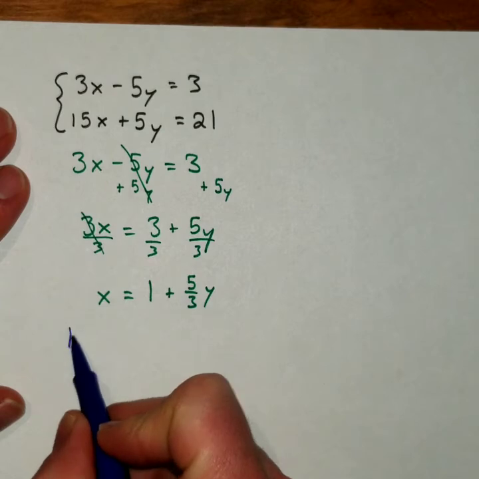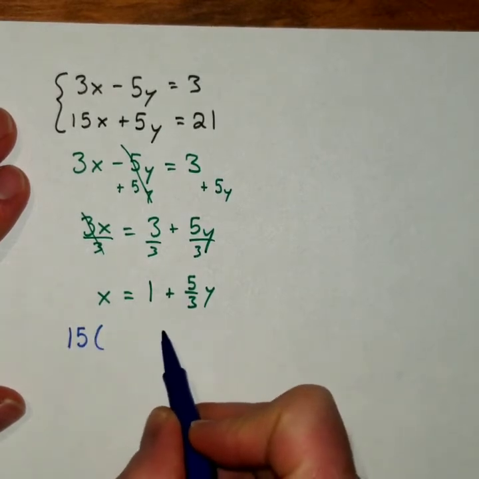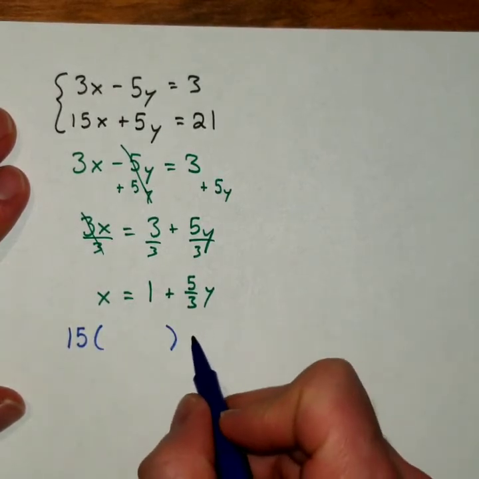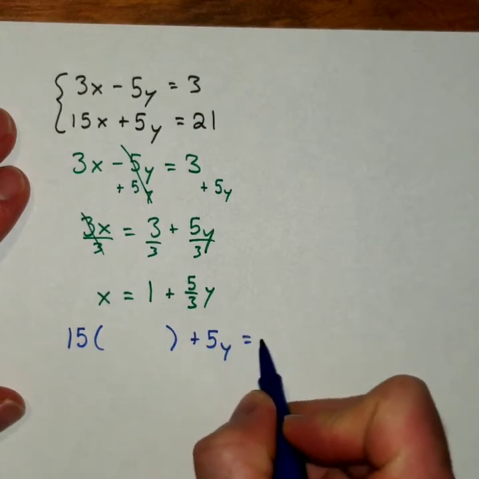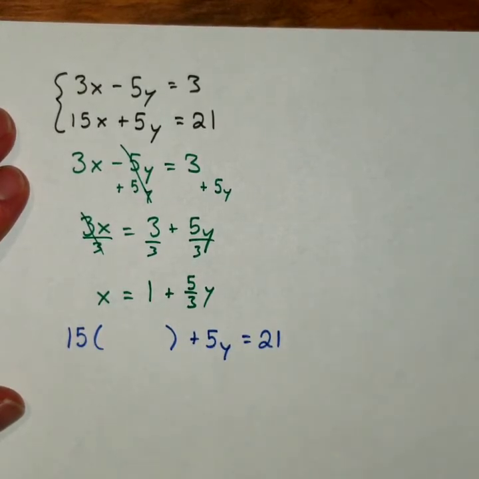So we get 15 times my new expression plus 5y equals 21.